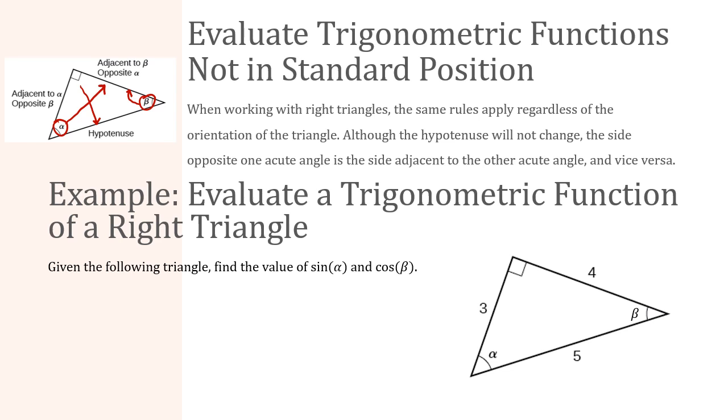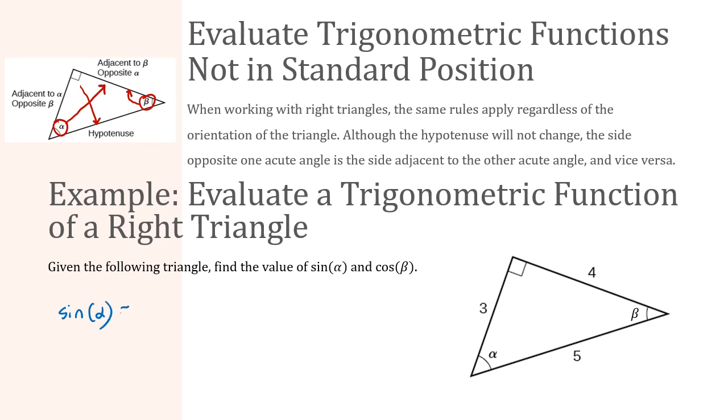In this right triangle, we have a hypotenuse of length 5, and we have two sides that are length 3 and 4. And the instructions ask us to do two things. First, find the sine of alpha. So let's do that. The sine of alpha.